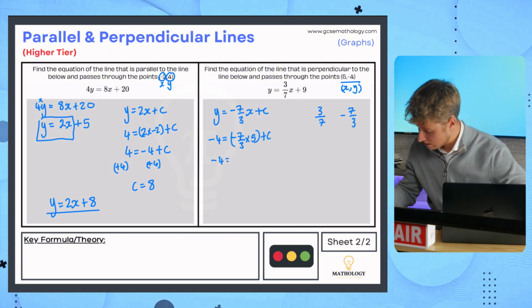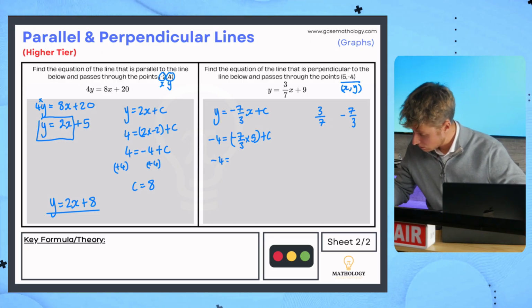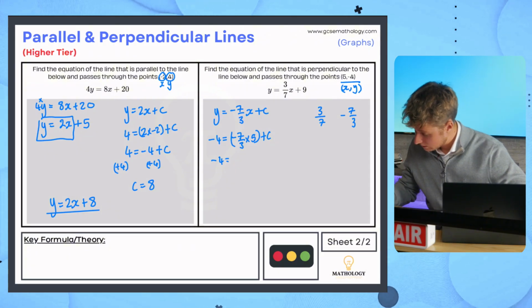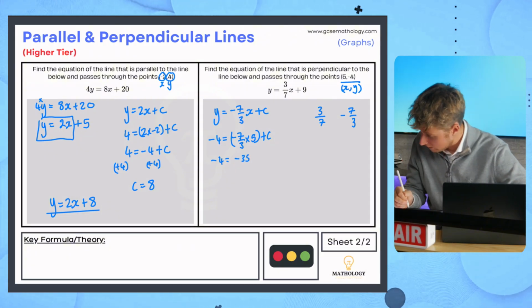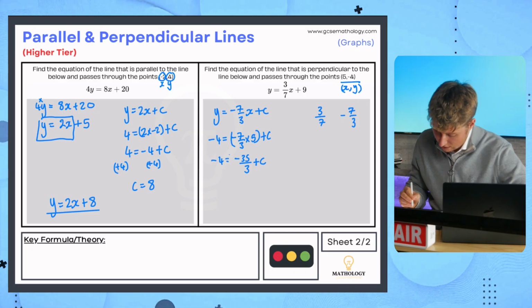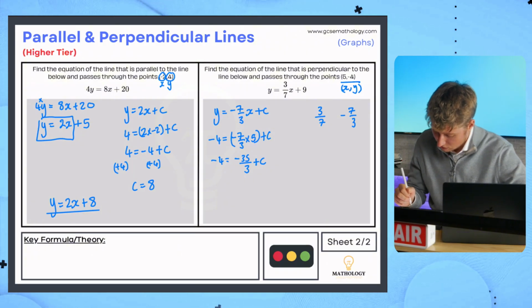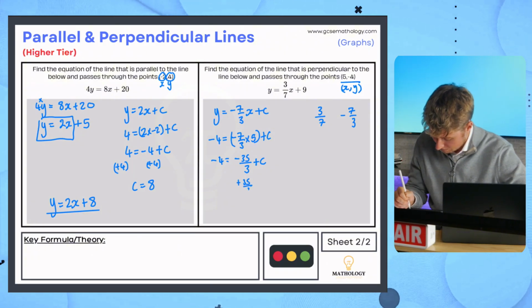So simplifying this sum here, we've got -7/3 multiplied by 5. This gives us -35/3 plus c. It's a negative, so we're going to add 35/3 to both sides to move it to the other side.